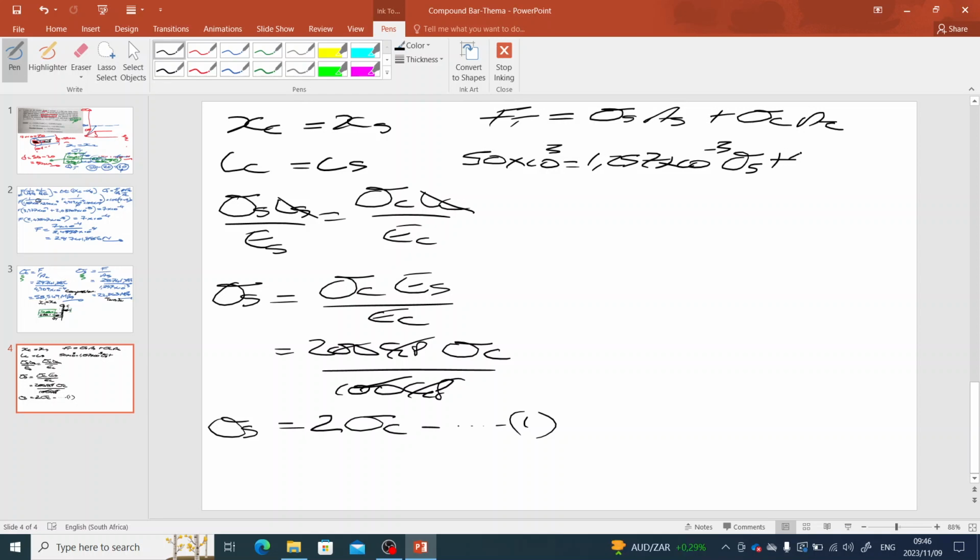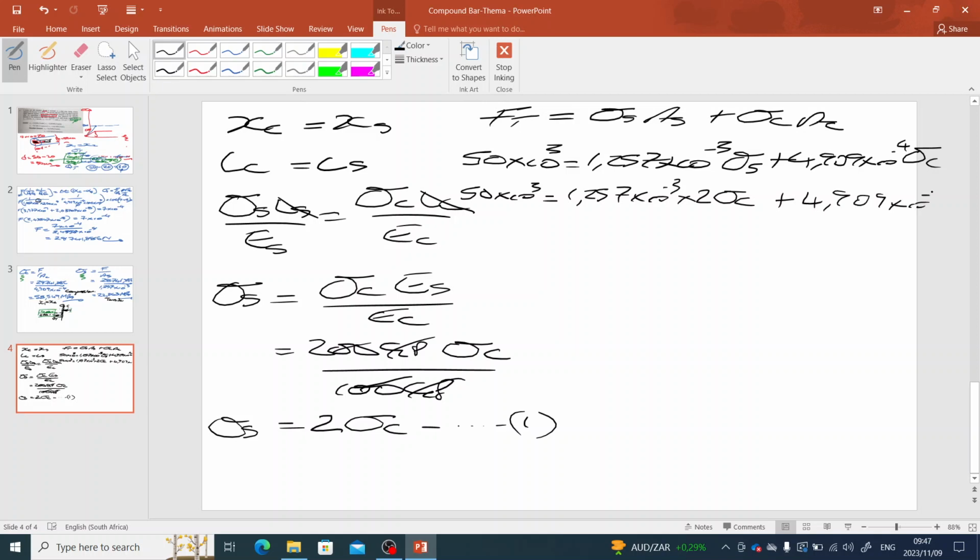We got 4,909 times 10 to the power negative 4, multiplied by stress copper. But we know that where there's stress steel, we can substitute it with 2 times stress copper. Now I'm having 50 times 10 to the power 3 equals 1,257 times 10 to the power negative 3, where the steel would be multiplied by 2 times stress copper, plus 4,909 times 10 to the power negative 4.